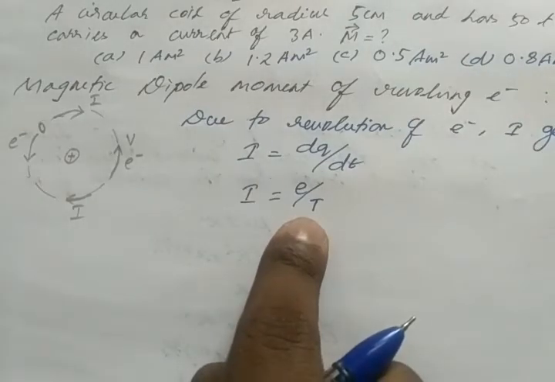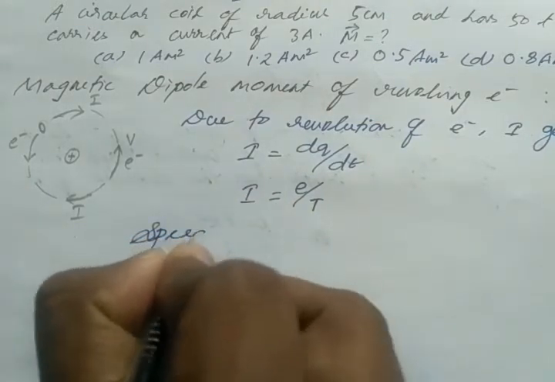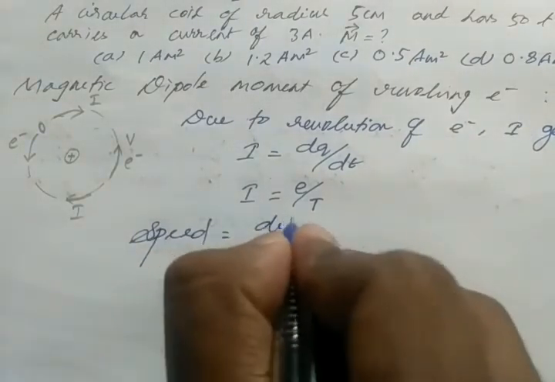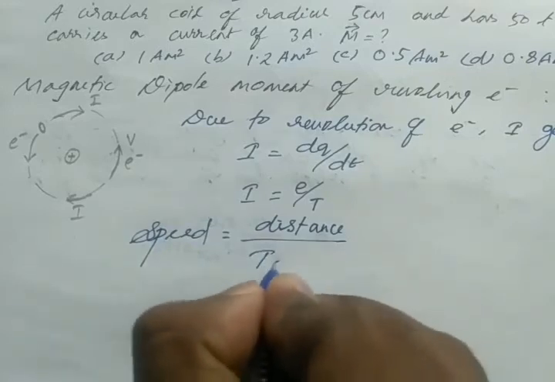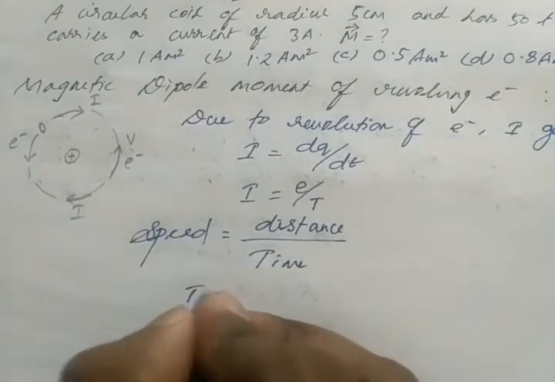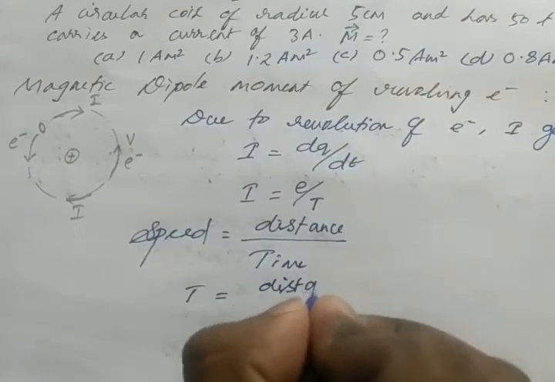How to find the value of the time period? By using the speed formula. We usually use this formula to find the time period. Speed equal to distance per time, or we can say velocity equal to distance per time, right? So from this equation, take the time value. Time equal to distance per speed.